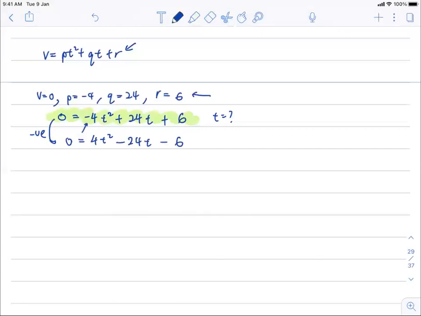And then to find the root, we can use this formula, x equal to -b plus minus square root of b squared minus 4ac, divided by 2a, where this is a, this is b, and this is c.